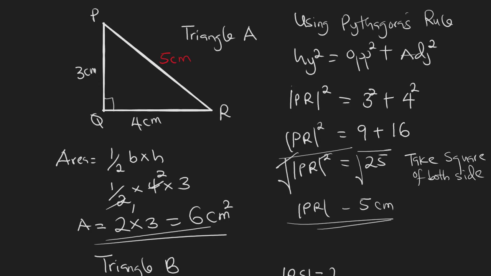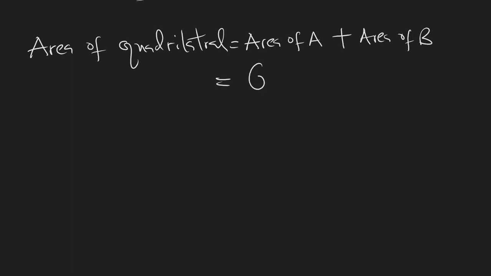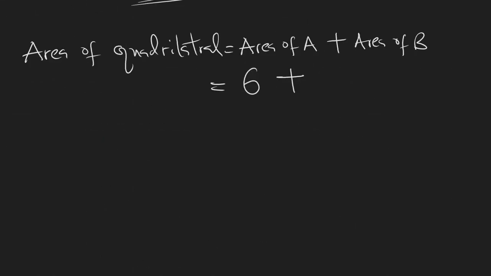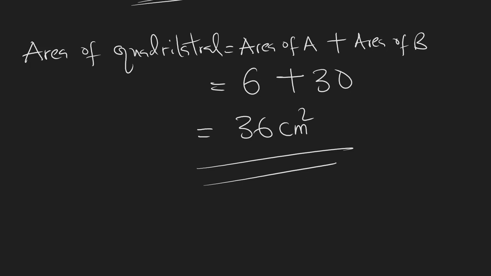We calculated the area of A as 6 centimeters, right? So we're going to write 6 here plus what is the area of triangle B? We've seen that the area of triangle B is 30 centimeters, plus 30, right? So 6 plus 30 is going to be the area of the quadrilateral, which is 36 centimeter square. So this is the total area of the quadrilateral.